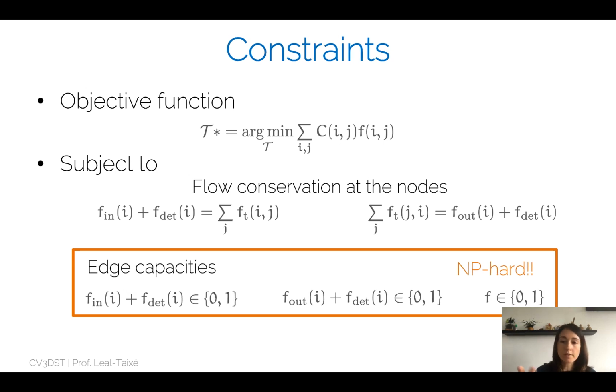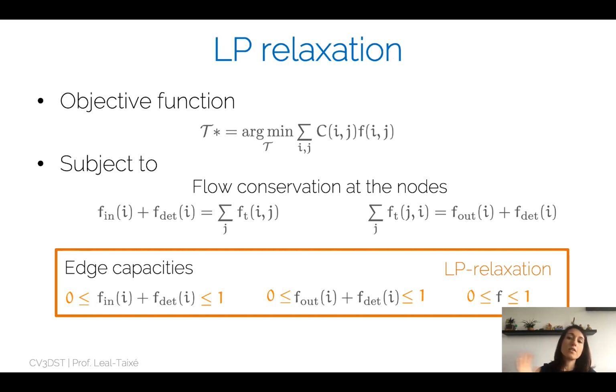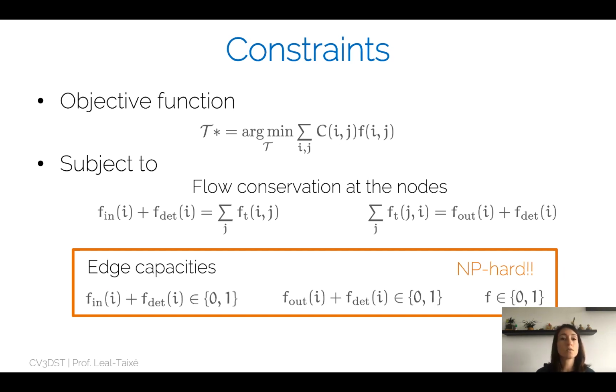The NP-hard problem before is an integer problem, and what we can do is relax it into its linear version. Essentially, that means I'm not going to impose the condition that the flow has to be either 0 or 1, but I'm going to put the condition that the flow has to be between 0 and 1. So theoretically, all these values here could take a value of 0.5, while before, with the integer formulation, this was impossible.